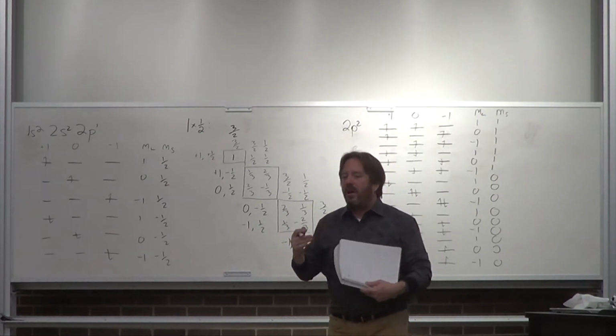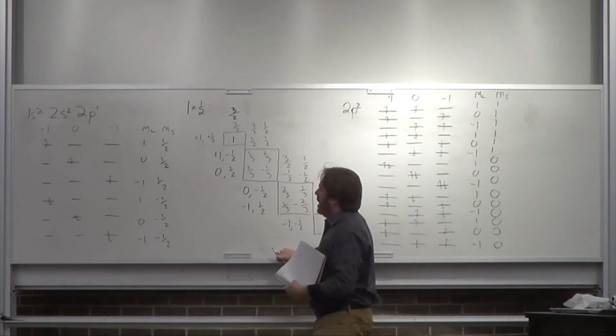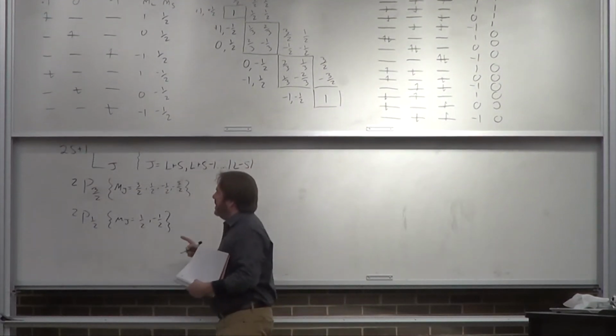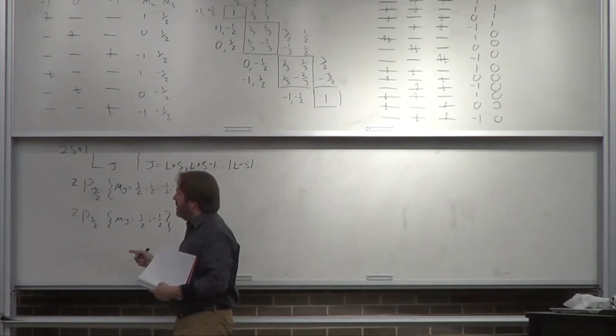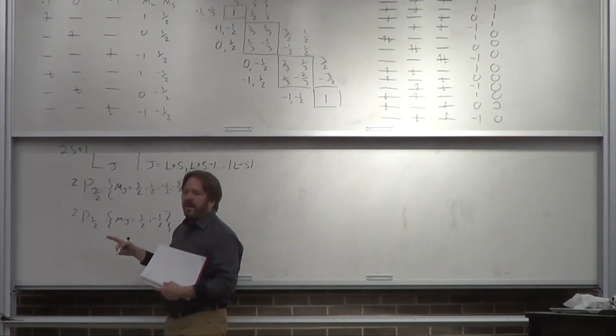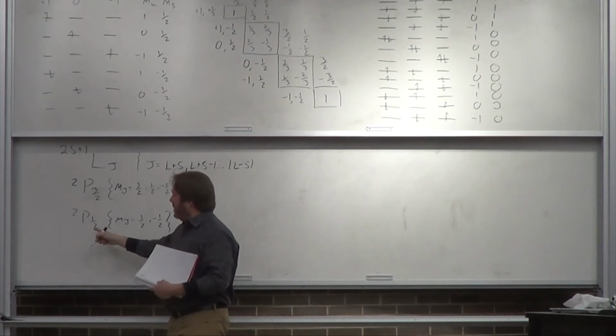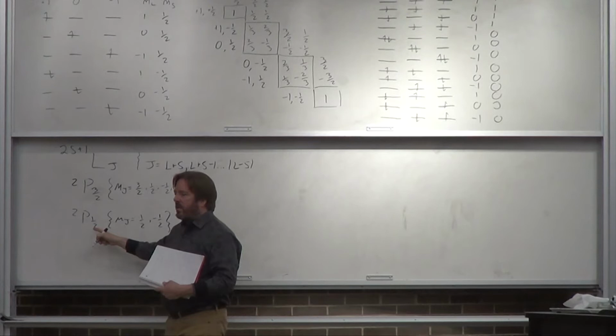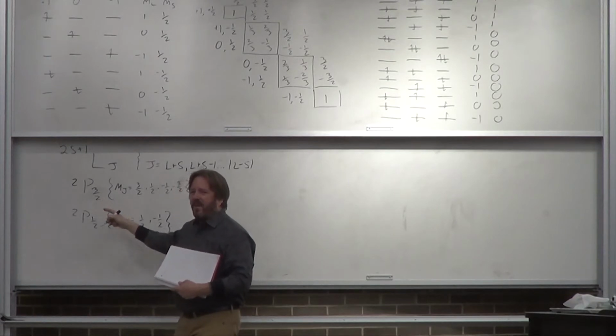It's got this thing called Hund's rules, which, like in the case of a less than half-filled shell, the lower angular momentum is the lower energy. And if the shell is more than half filled, then vice versa.